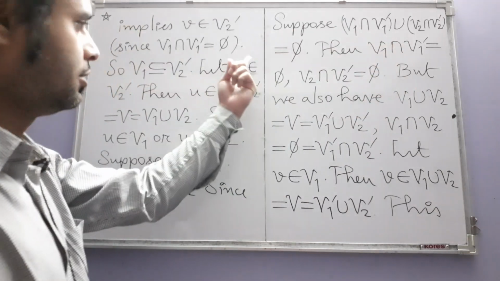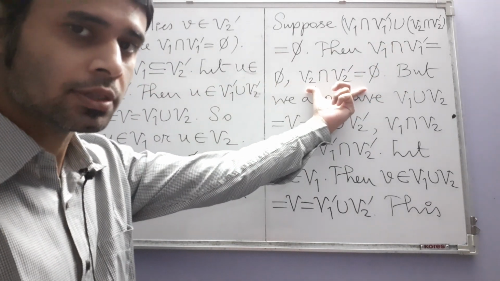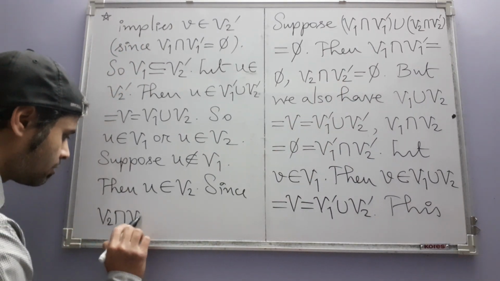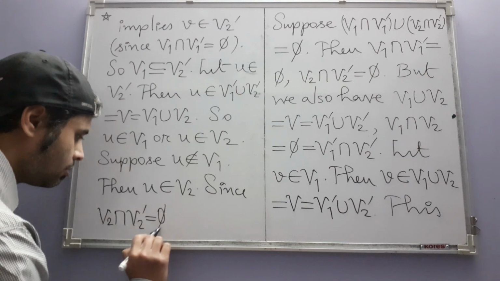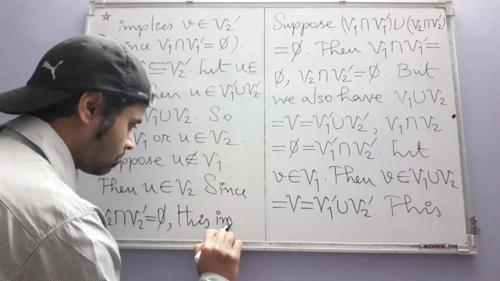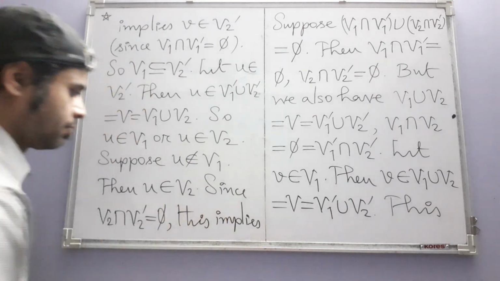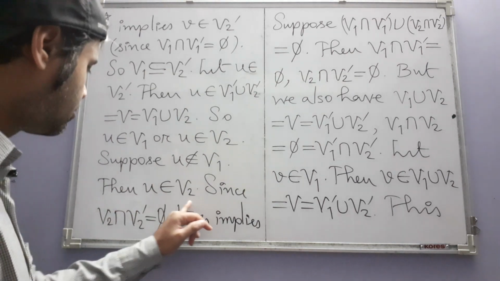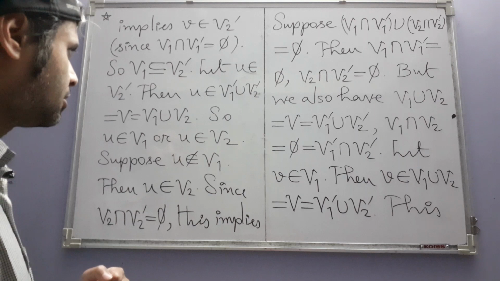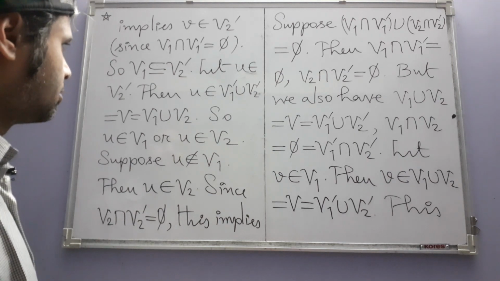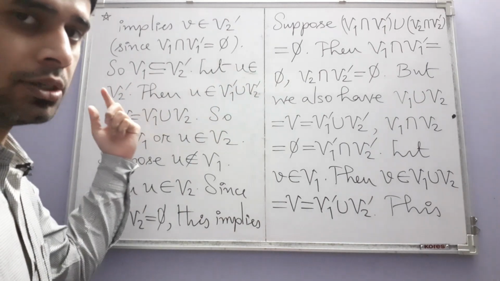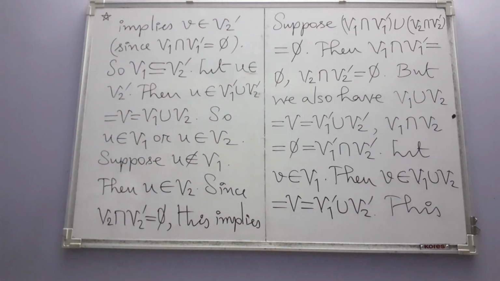This one we have already used. Now it's time for us to use this one. Since V2 intersection V2 prime is empty, this implies that because u belongs to V2, it cannot belong to V2 prime. Okay, but that is a contradiction because that is where u is actually coming from, V2 prime. So that will give us a contradiction.